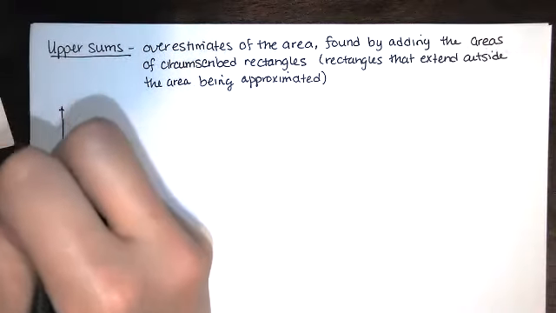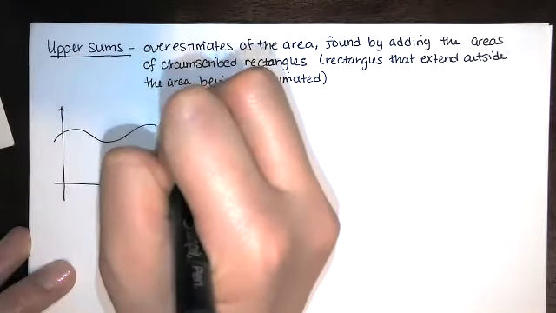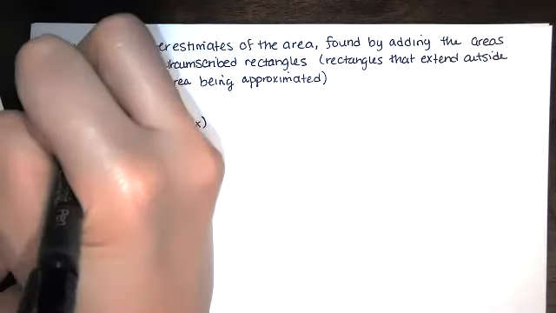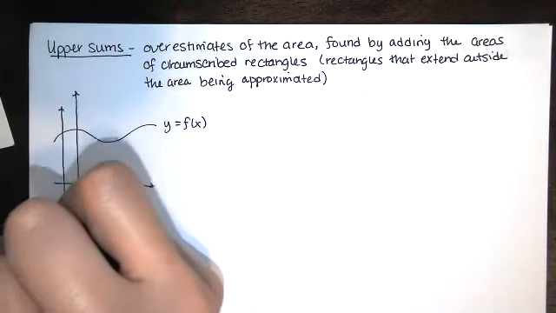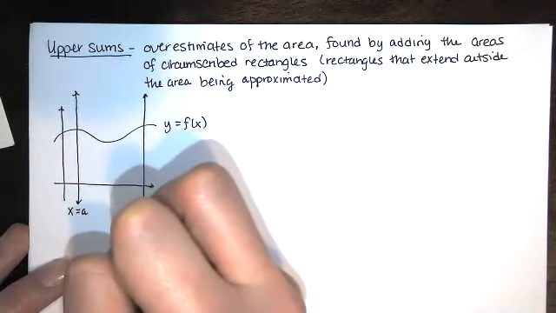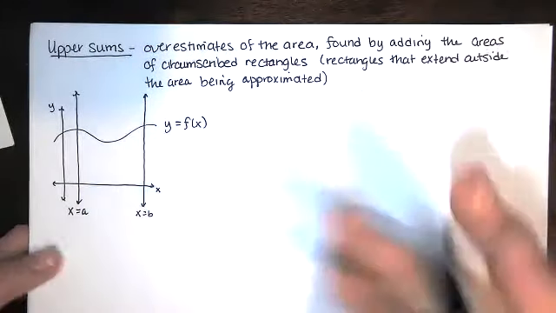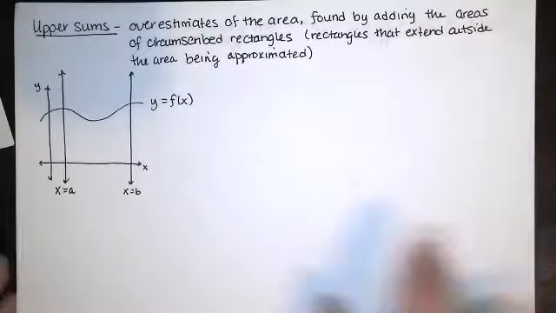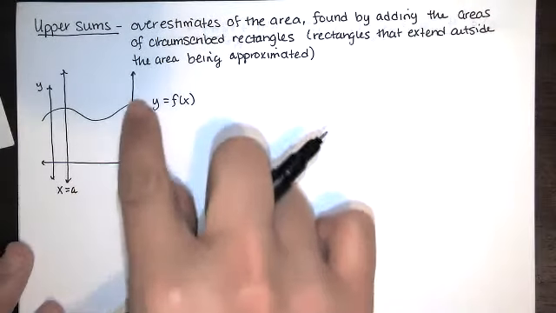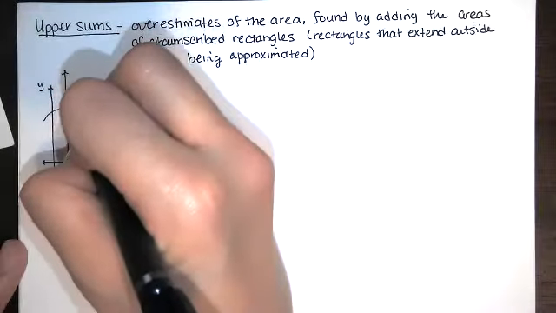Let's say we've got a function that looks like this. And this is x equals a. And this over here is x equals b. And we want this area between x equals a, x equals b, y equals f of x, and the x-axis. We're trying to find this area right here.